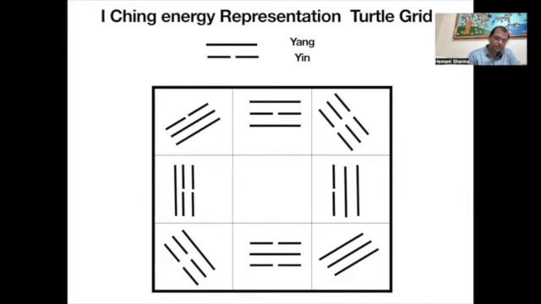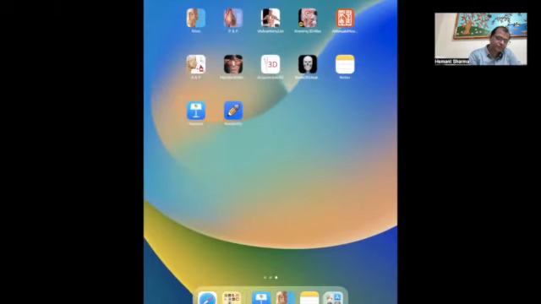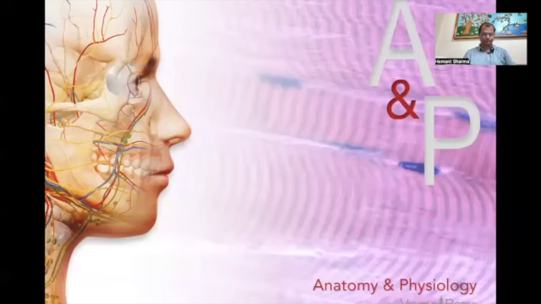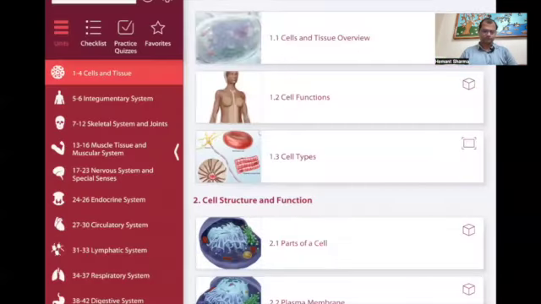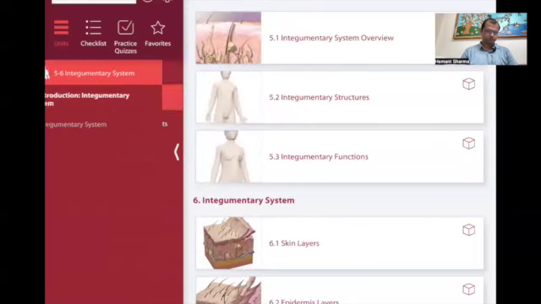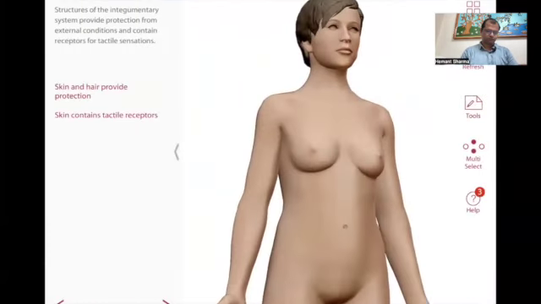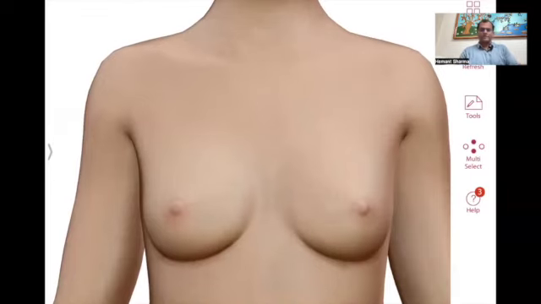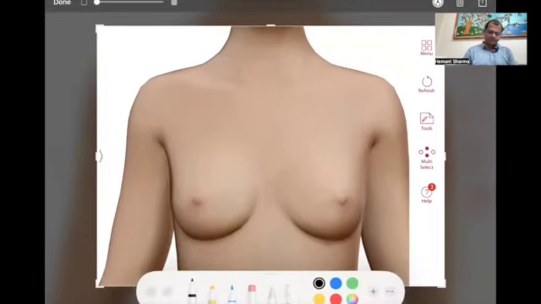So let's see here. I would like to bring a focus here. Give me one minute. So if we look at these breasts, we can divide the breast for the energy concept as per the elements.